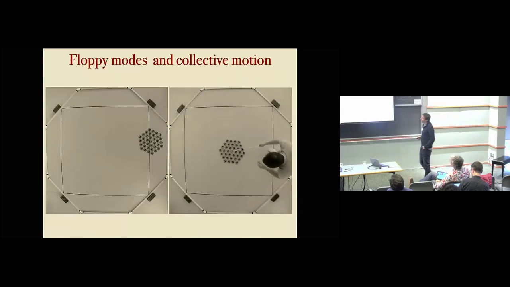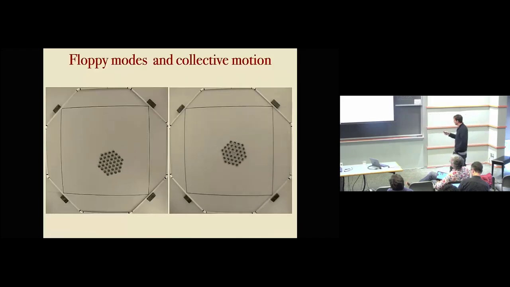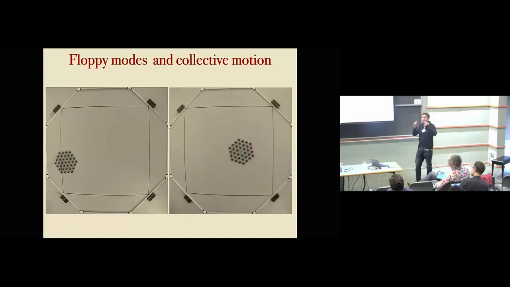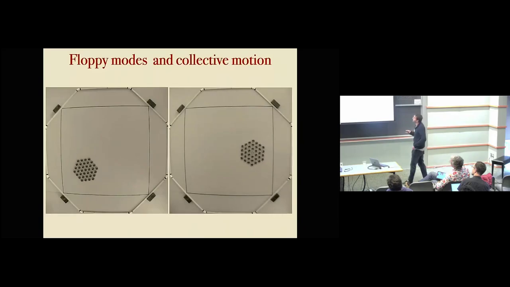So I want to start with the simple case, when we have a floppy mode. What does floppy mode mean? That the system can evolve without changing the length of the springs. So essentially we have a zero energy mode in our solid. Here, this system has 3 floppy modes, 2 translational and 1 rotational. We can see that depending on how we start, the system can pick translational or rotational.